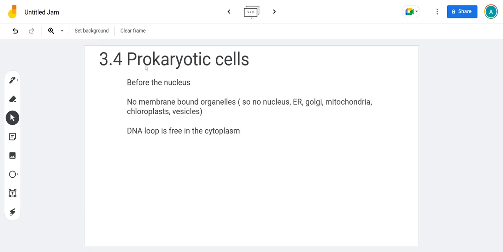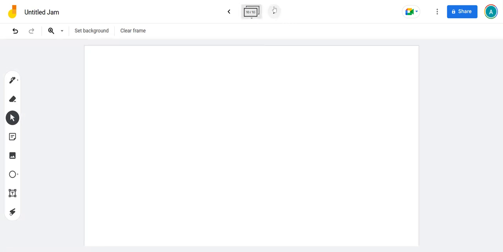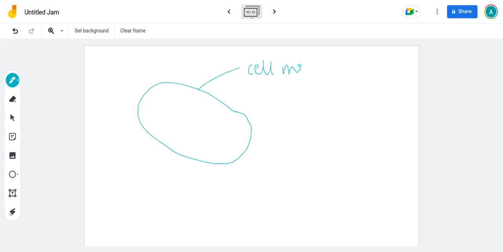Okay, so let's have a look at drawing a prokaryotic cell. The classic shape is almost a tadpole look, but obviously different bacteria in reality are different shapes. We've got this inner membrane, which we call a cell membrane. And then, almost like a plant cell, we've got another layer, which is called the cell wall.